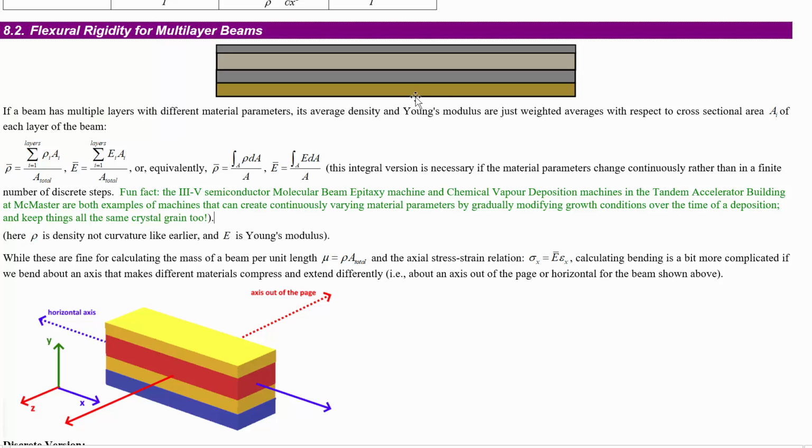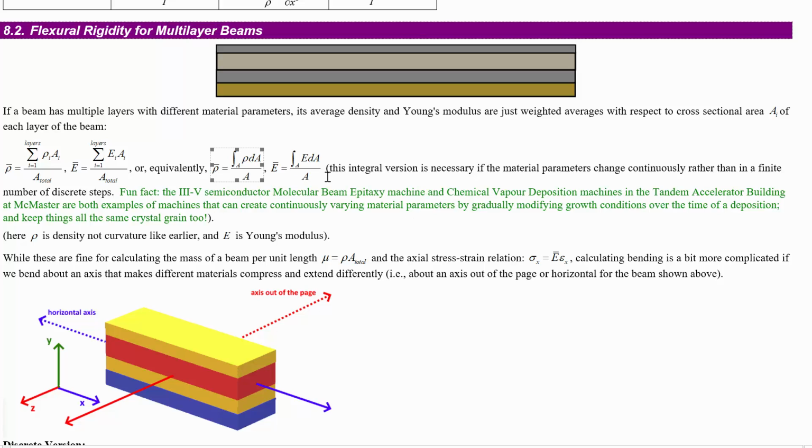So if you want to say that it starts off with gallium arsenide at the bottom layer, and then it gradually turns to indium gallium phosphide by the time you get to the top layer, you can do something like that. I'd have to look up those exact parameters and see if it would survive over the length that you're going for. But in principle, you can have continually varying parameters grown in those machines.